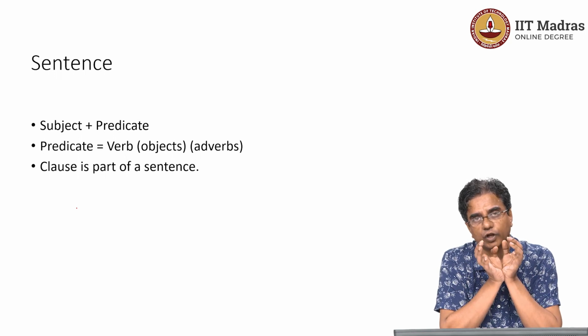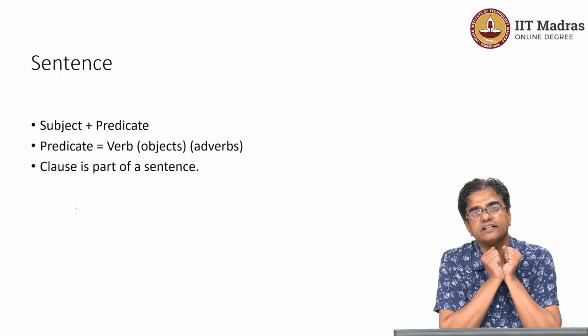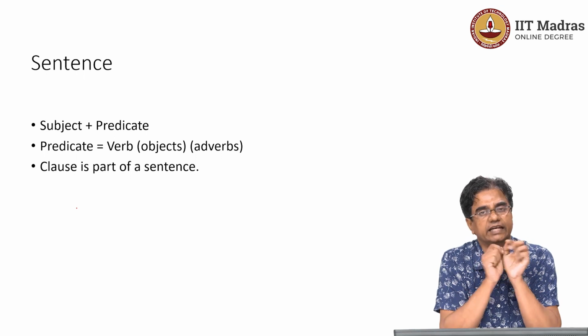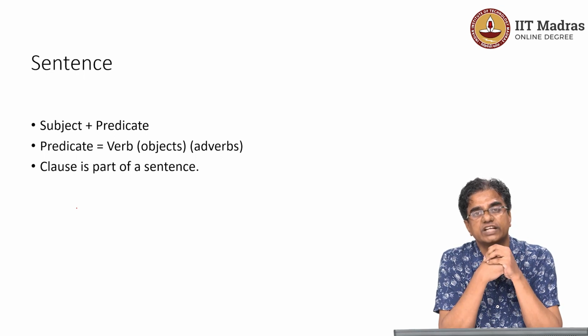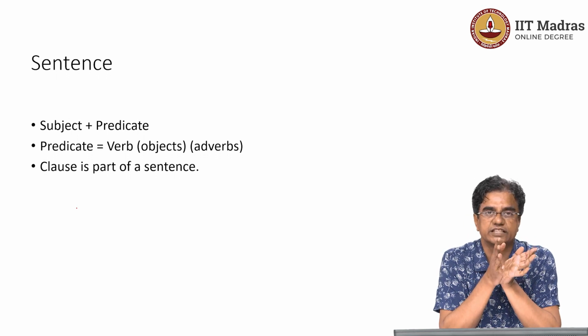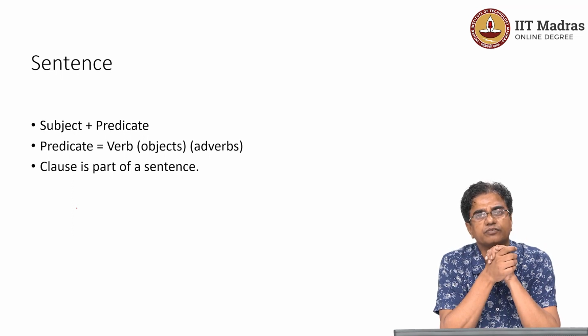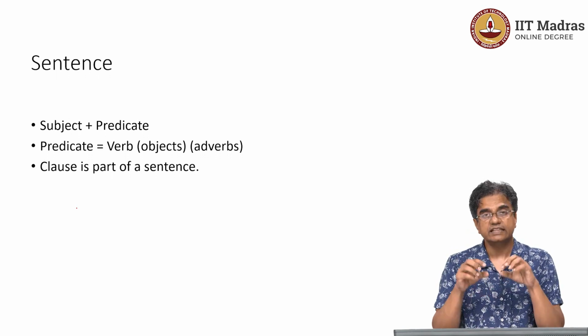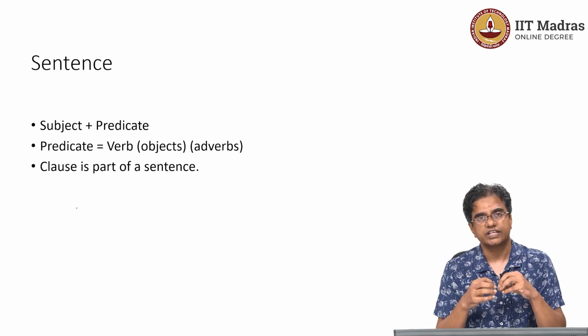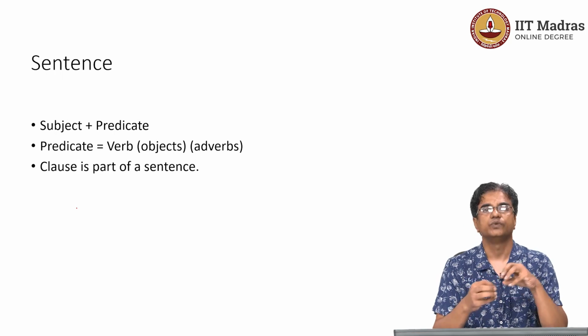A relative clause begins with a relative pronoun, and it is this relative pronoun which connects the relative clause with the main clause, that is the matrix clause. And all relative clauses will begin with a relative pronoun because in that clause it stands for the noun they modify.